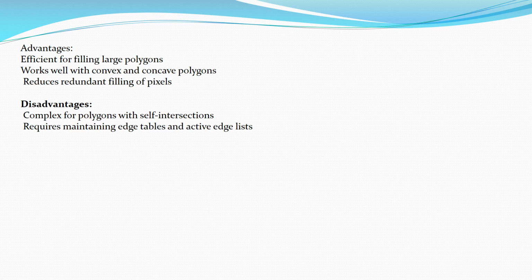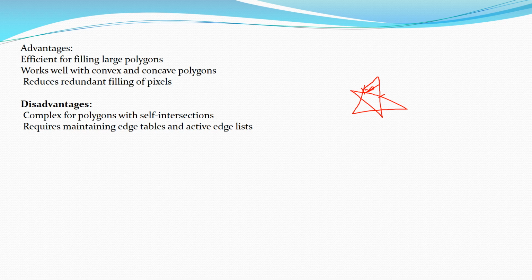What are the disadvantages? It is complex for a polygon with self intersections. Self intersection means if the polygon is given like this, like a layered polygon, and you want to fill this one, the vertices are there.